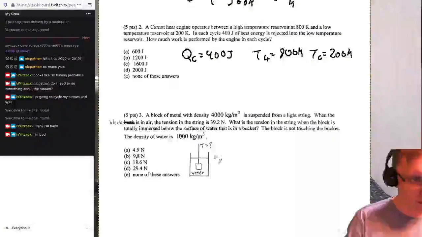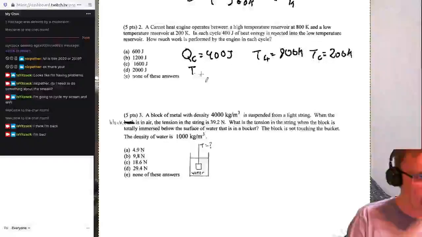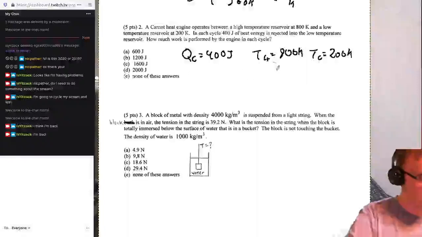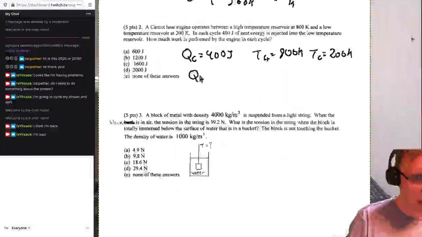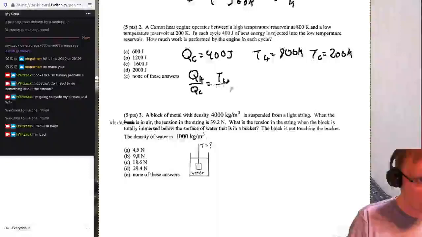So that means that Q on Q is equal to T on T, with a minus sign, because this is going to be negative because we're pulling heat out of the hot side.